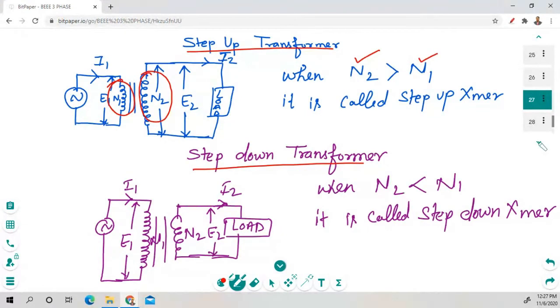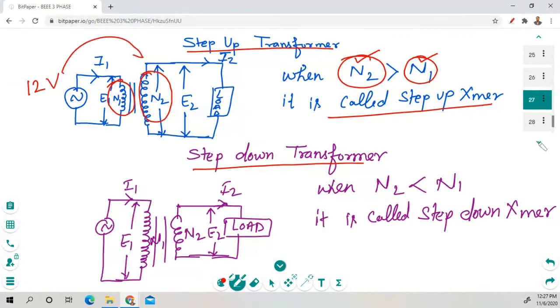When the N2 winding is greater than the N1 winding, it is called a step-up transformer. So here, if we apply a voltage like 12 volt, it can be increased up to 24 volt. This is called step-up.